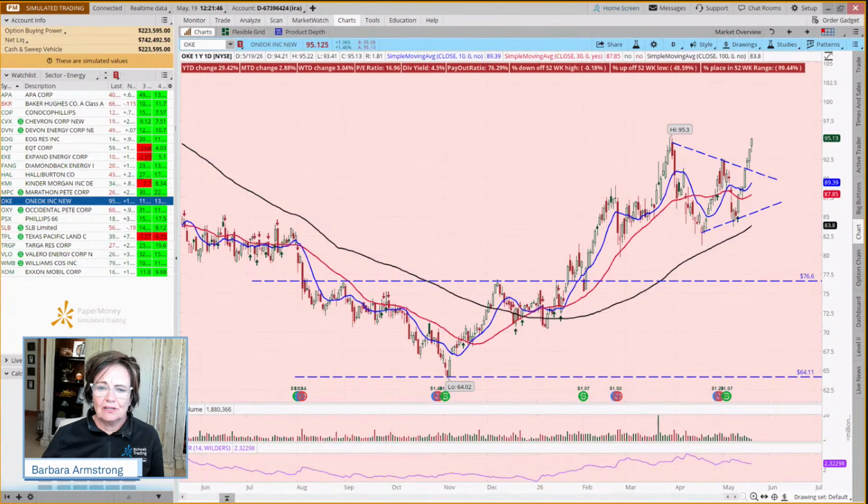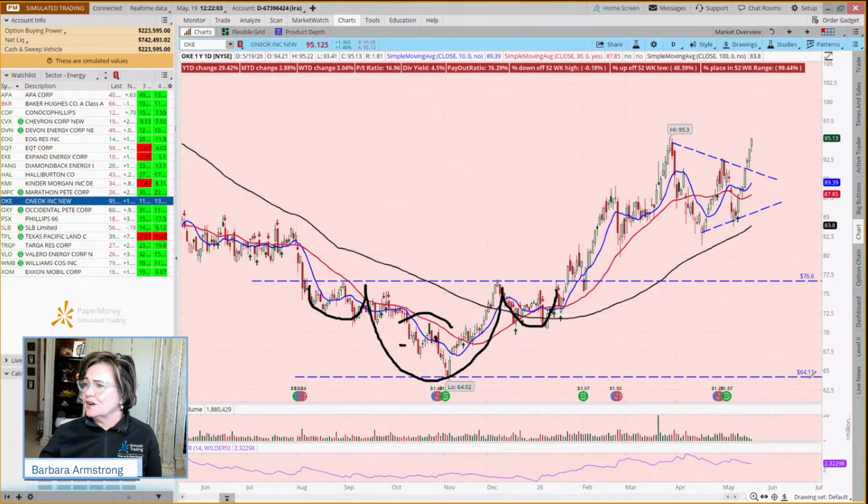And then if we were to draw a pattern, we'd say, well, let me just bring my drawing tool up again. Because if you're new to these patterns, sometimes they aren't inherently easy to see. Now we call this a bullish pattern. And we said it's gone from 64 to 76, so about a $12 range.